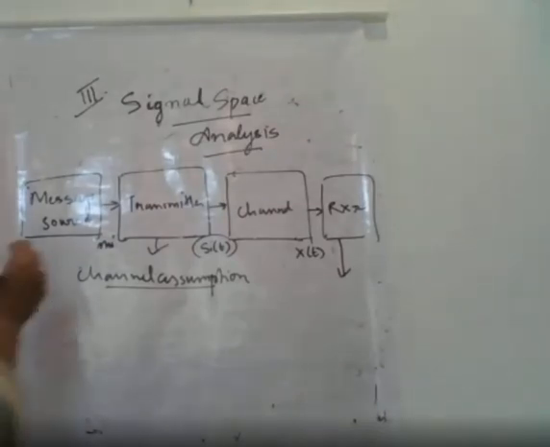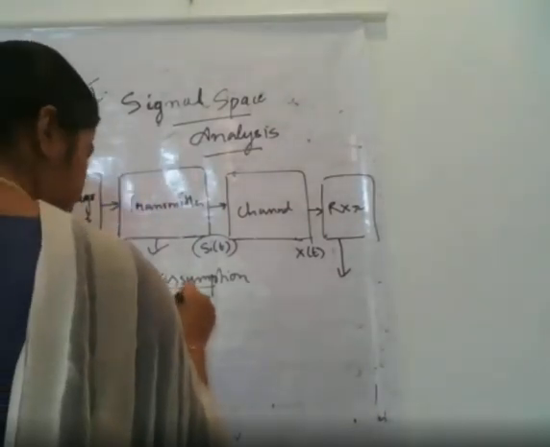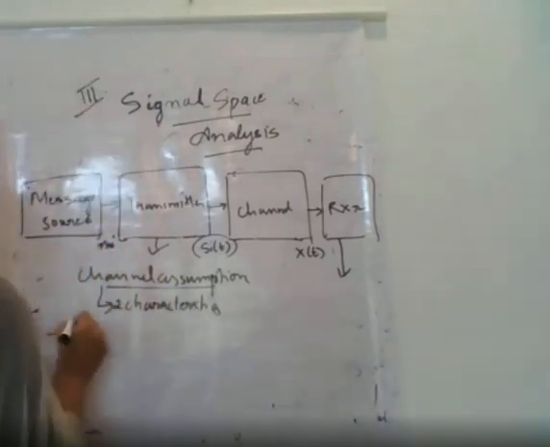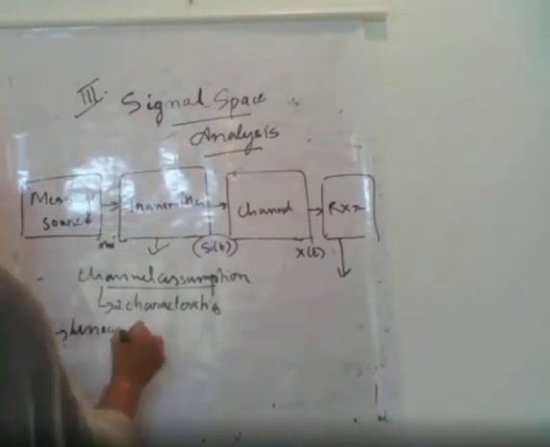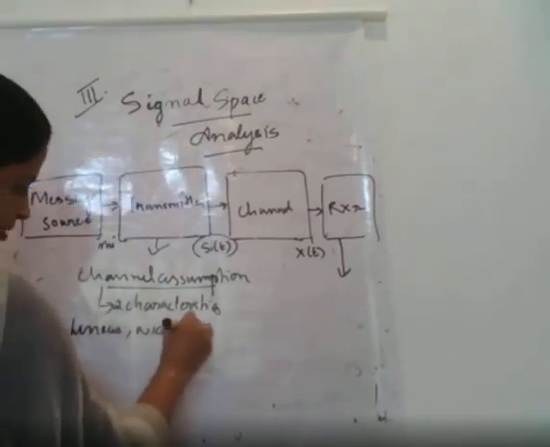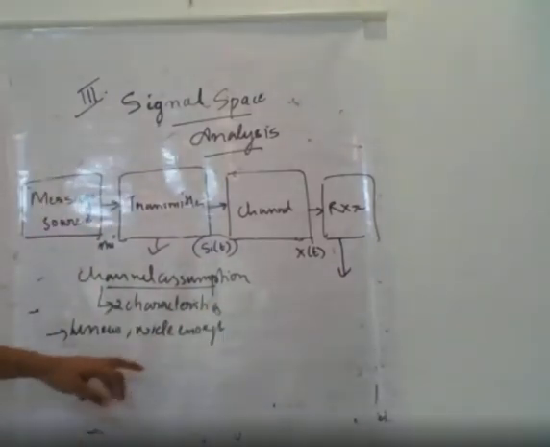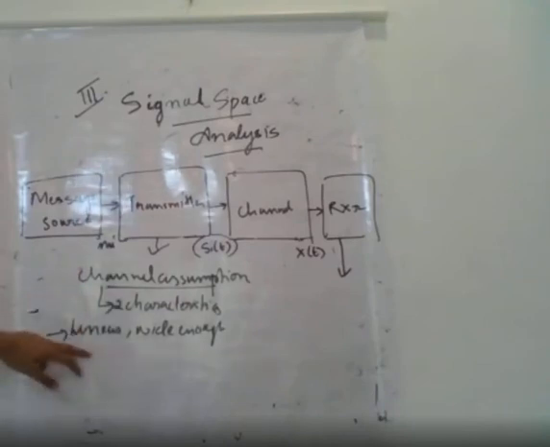The channel is assumed to have two characteristics. One is that the channel is linear and wide enough to accommodate the signal Si of t.